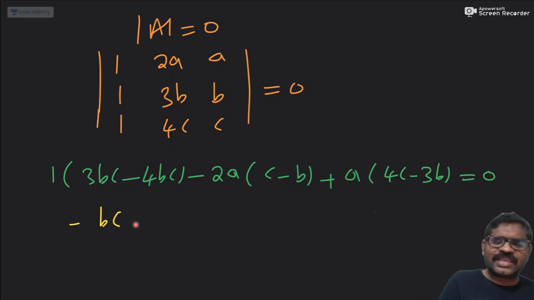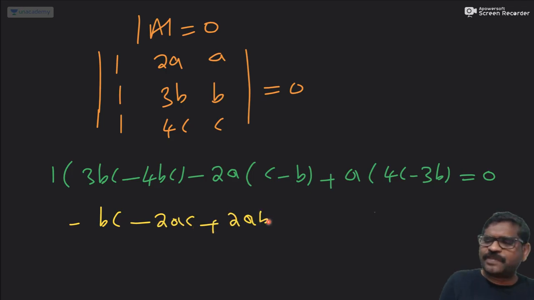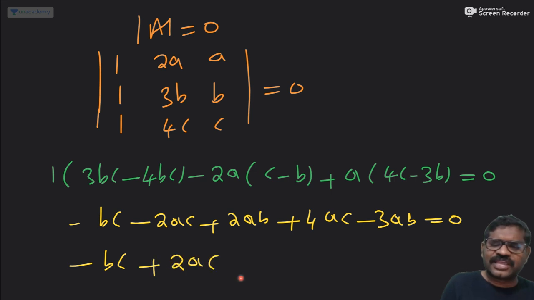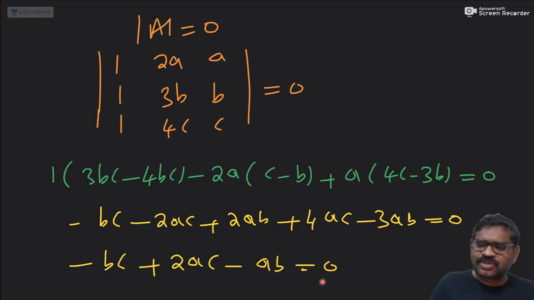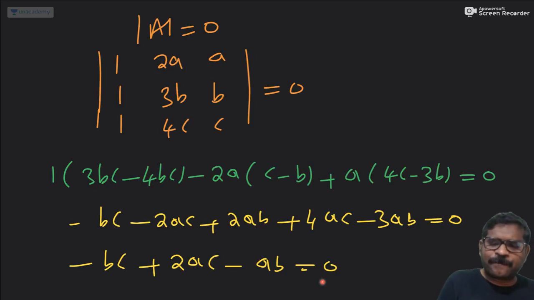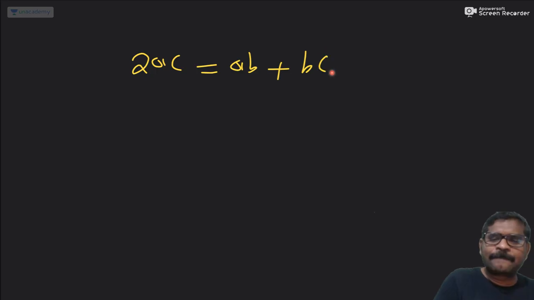Minus bc minus 2ac plus 2ab plus 4ac minus 3ab equal to 0. From this, we can write minus bc minus 2ac plus 4ac, that is plus 2ac, and 2ab minus 3ab, that is minus ab, equal to 0. So 2ac equal to ab plus bc.